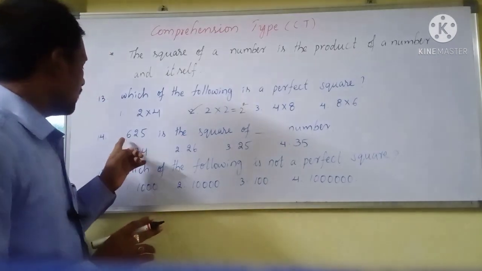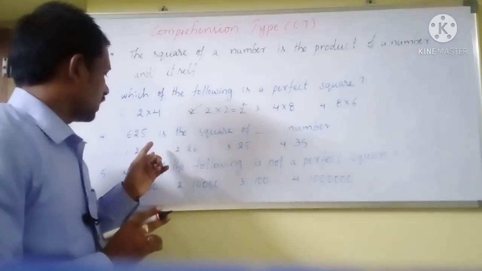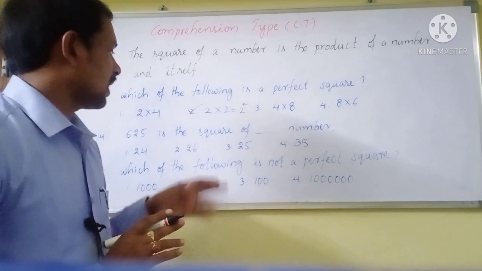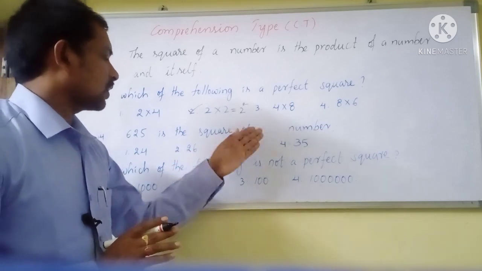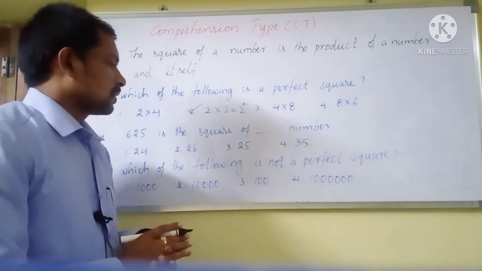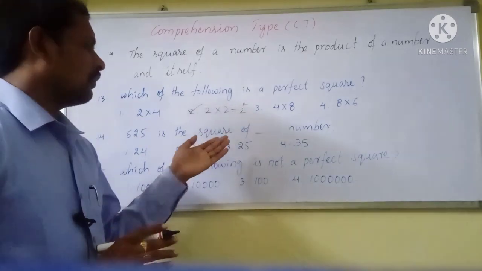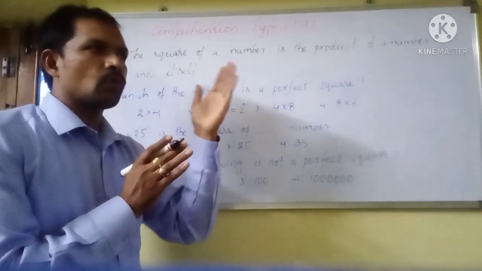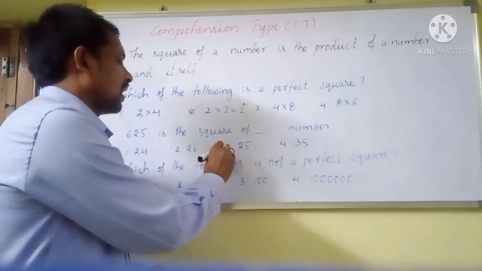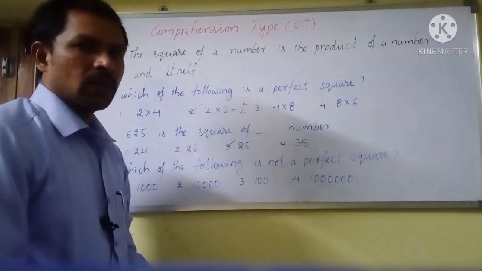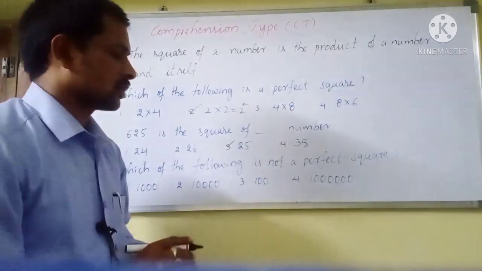Then coming to problem number 14: 625 is the square of what number? If you know the square values 1 to 30, we can easily identify it. So 25 is the square root of 625.